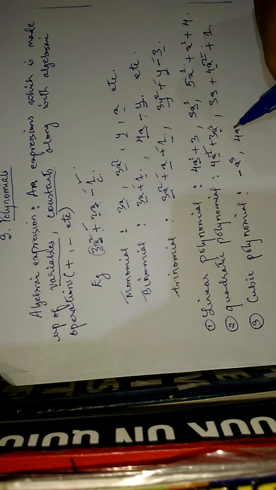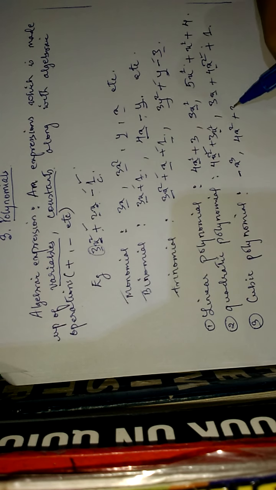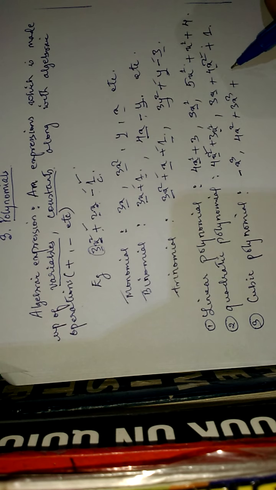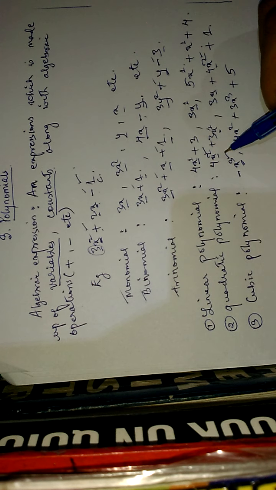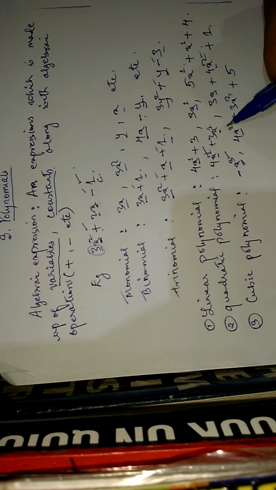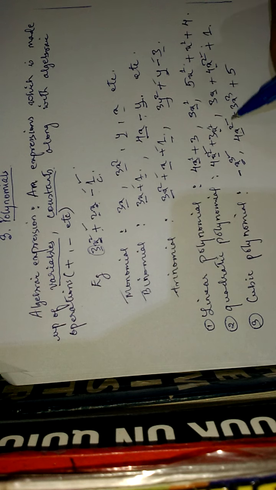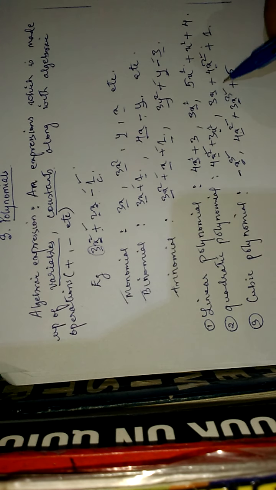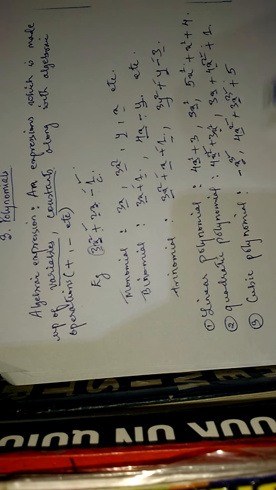See, here also we have a variable whose power is 3. Here this is 2, but higher than this 2 we have power 3. These types of polynomials are called cubic polynomials.